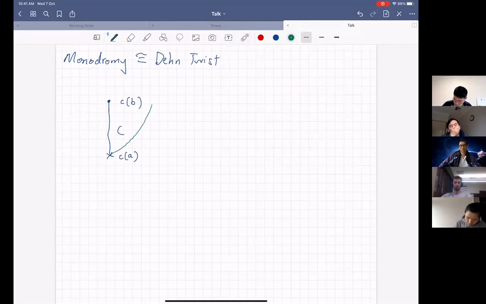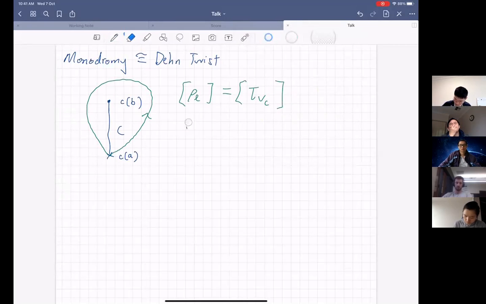If you do one monodromy around this singularity, this monodromy is actually the same as the Dehn twist on the Lagrangian sphere V_c, where V_c is the boundary of this, the Lefschetz thimble as we called it last time.